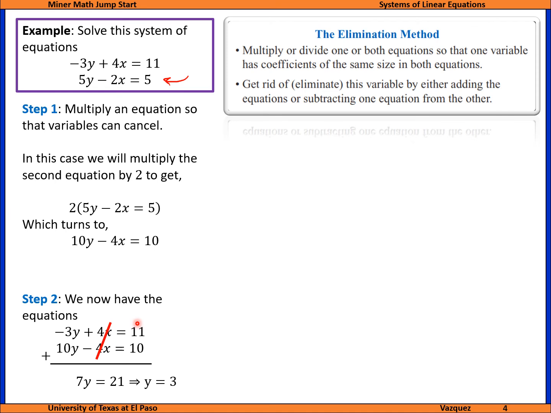We're not done yet, though. We have y. y equals 3, but we're still missing a variable. We're still missing x. So like the last method, we're going to choose an equation to plug in y and get x.